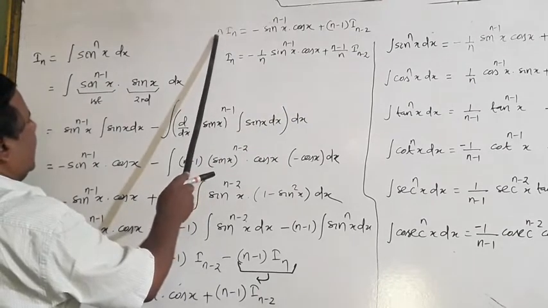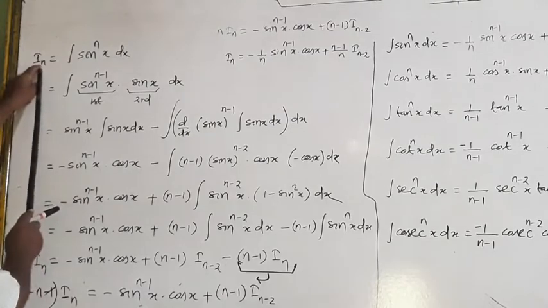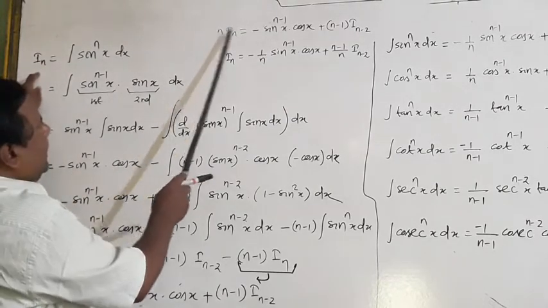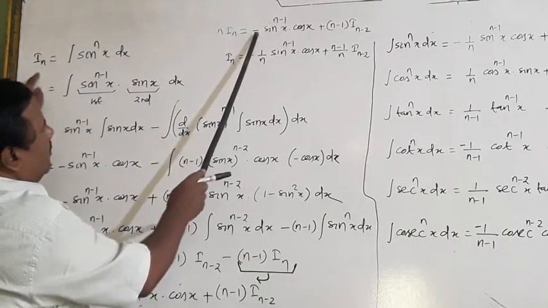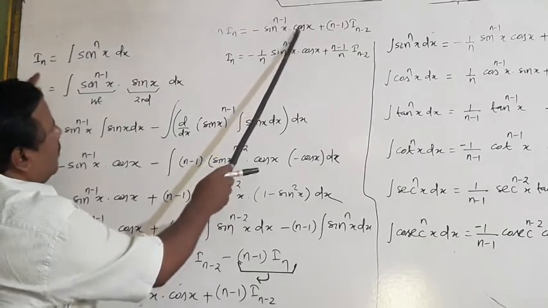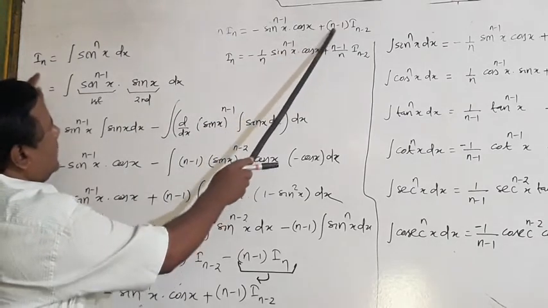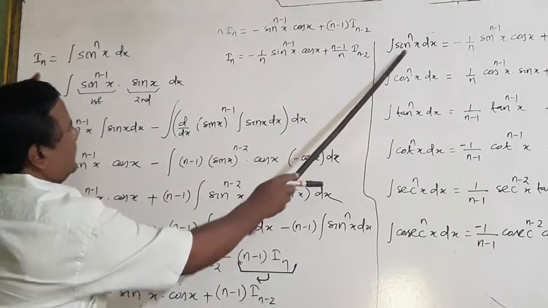It is now n I n. What is my exact I n? If I divide n into each term, then I n is equal to minus 1 by n sin power n minus 1 x cos x plus n minus 1 by n I n minus 2. It is written in this form.